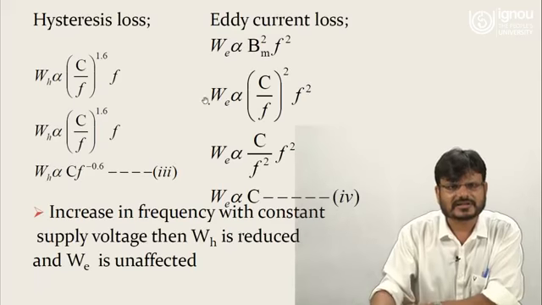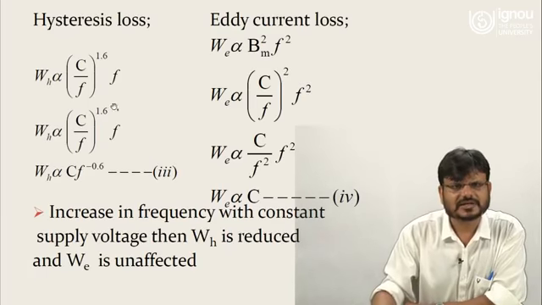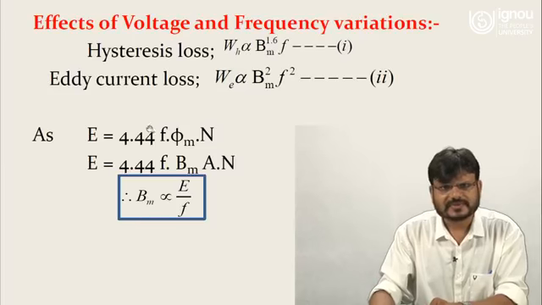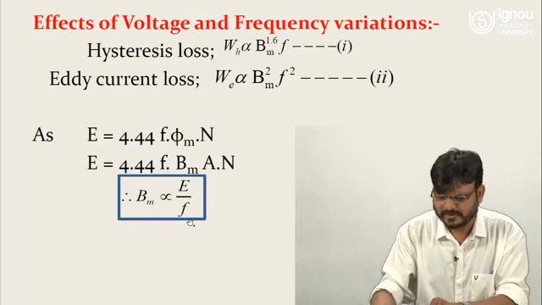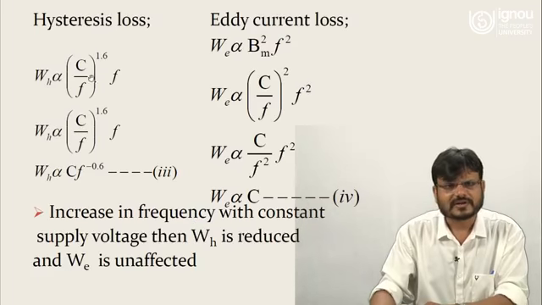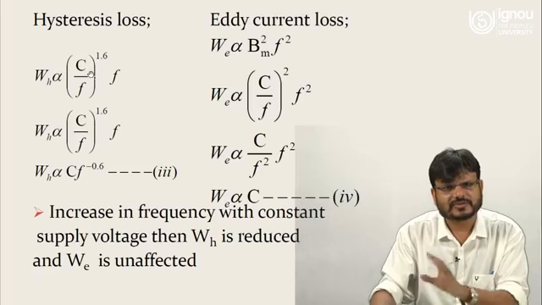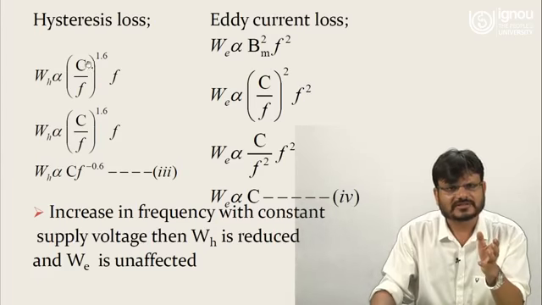Here we can again understand that WH can be replaced as C times f, because Bm can be replaced by E upon f. Since E is the supply voltage and is constant, you can write all the formulas in terms of the supply voltage, with C as a constant.